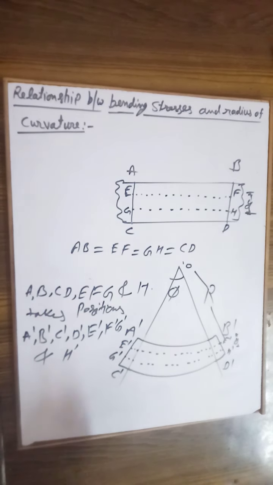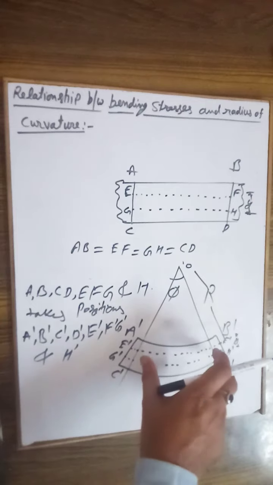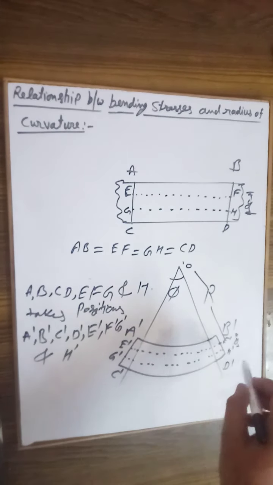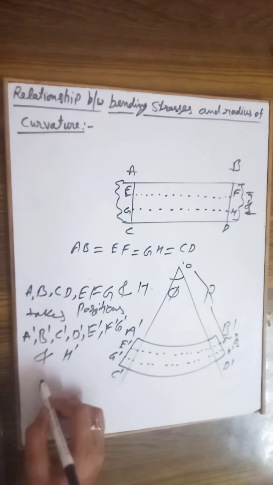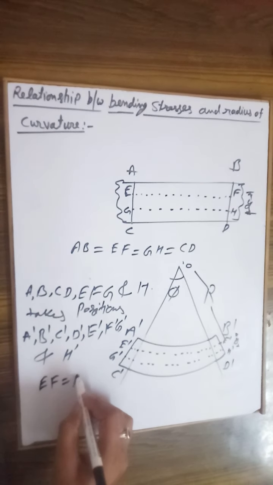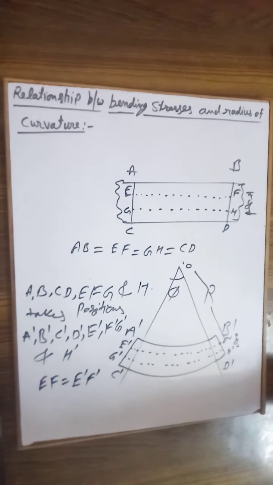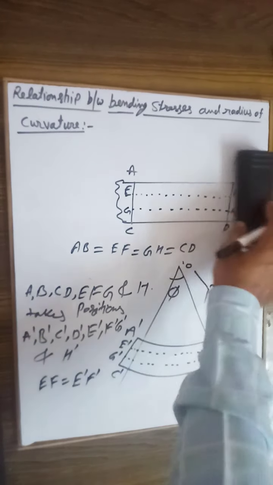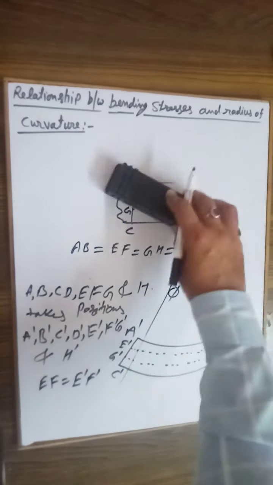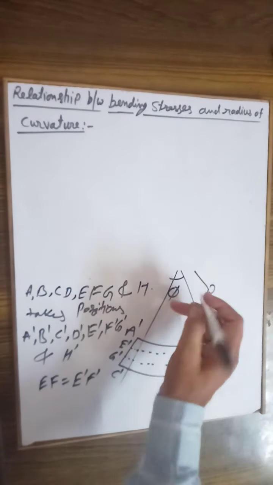Okay, so initially we know that at the neutral axis, that is our EF, the length will remain the same. So EF is equal to E dash F dash, we know. Okay, so let me raise this, make some space on the board so that we can proceed further.